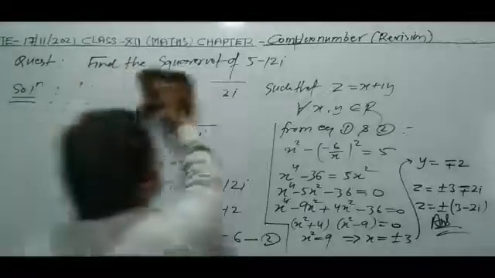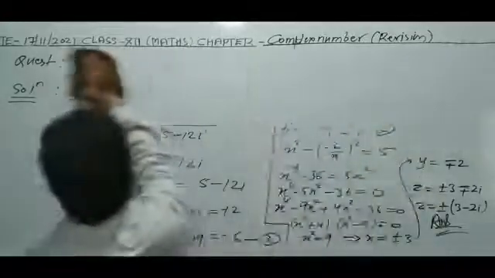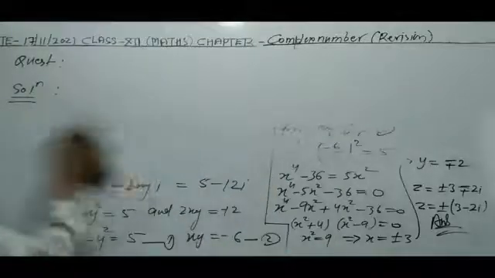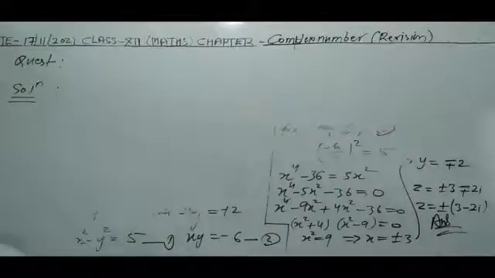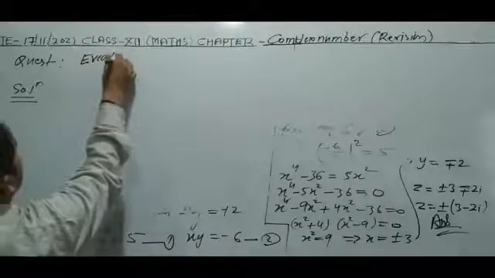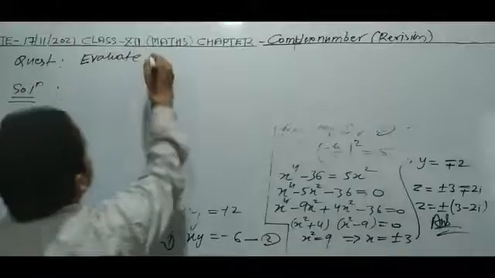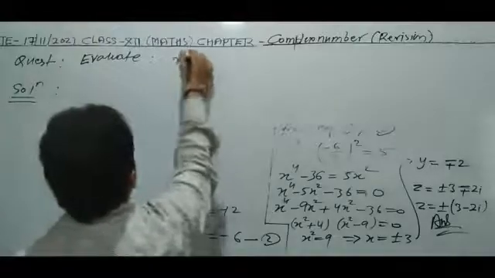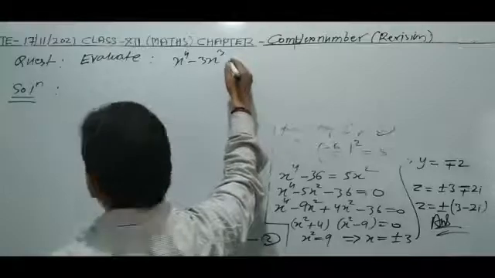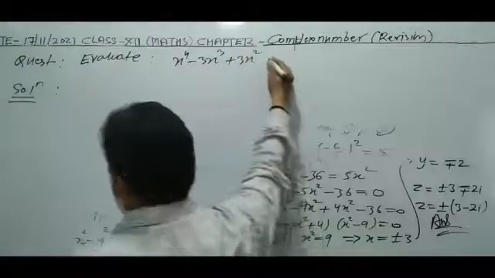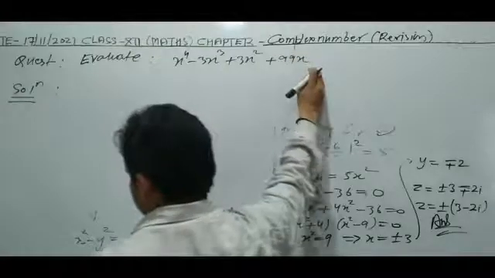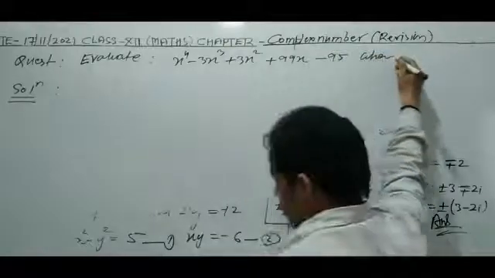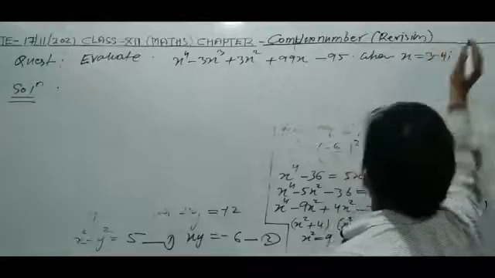Now question number 3 is, evaluate x to the power 4 minus 3x cube plus 3x square plus 99x minus 95 when x is equal to 3 minus 4i.